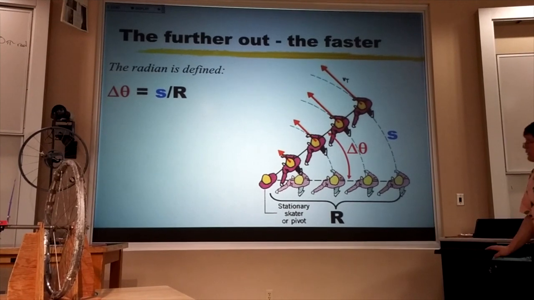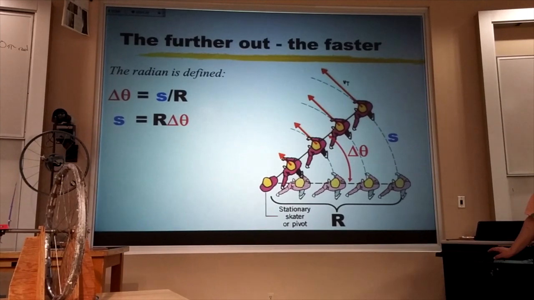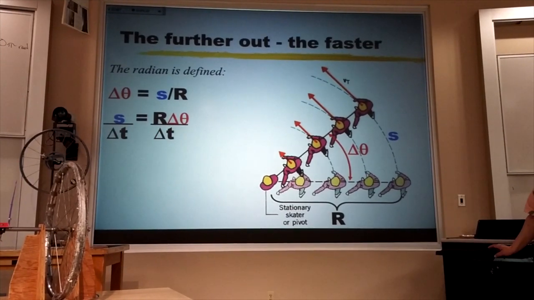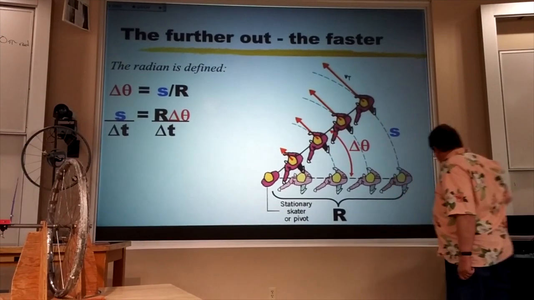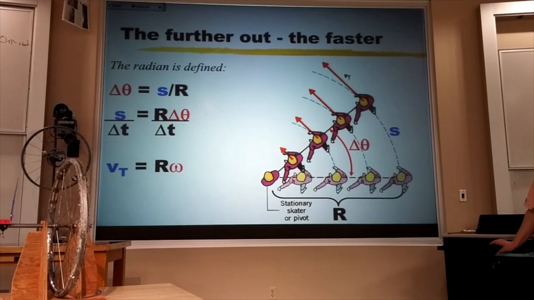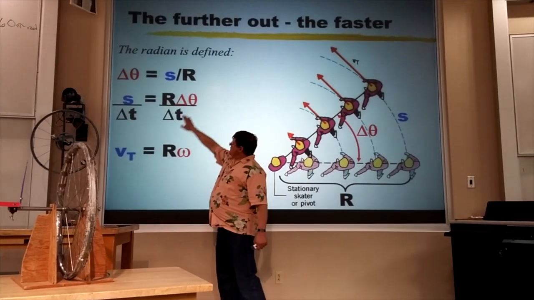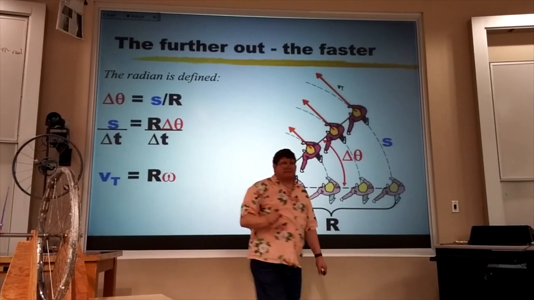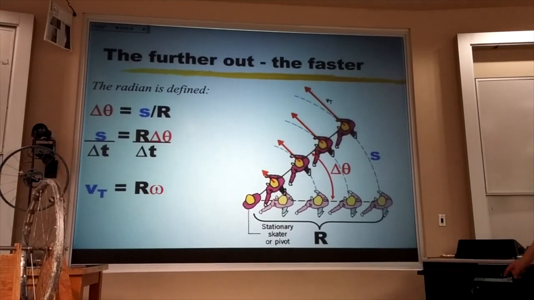So if I rearrange that equation by multiplying both sides by R, and I divide both sides by time, the arc length divided by time is the tangential velocity. The angle divided by time is the omega. Here's the thing.